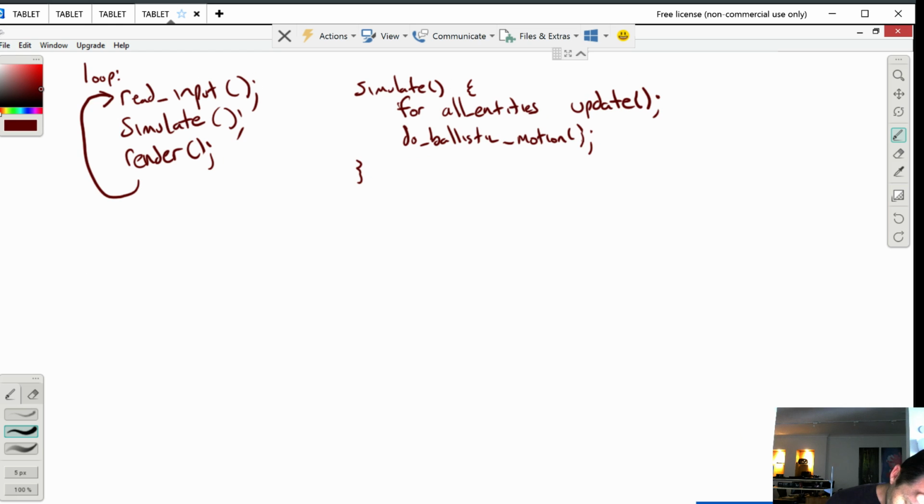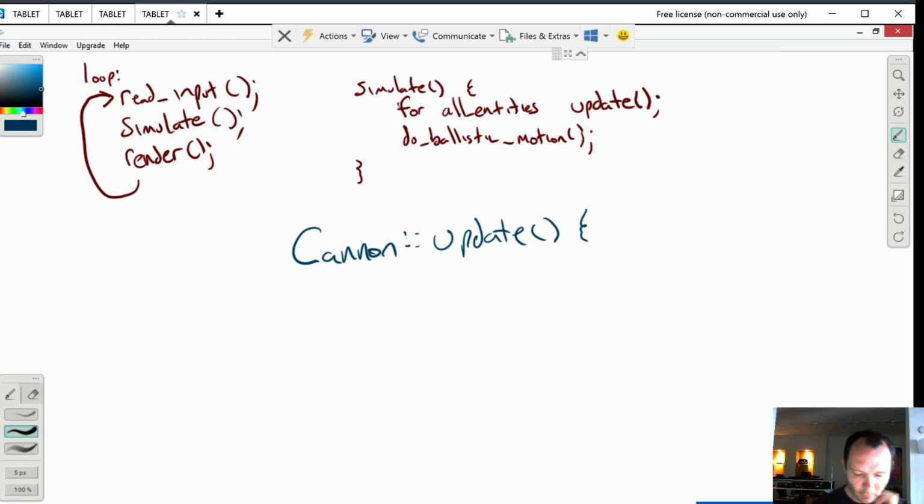All right. So for example, let's say we have a cannon. Let me just draw in a different color because we can. Okay, what does cannon update look like? This is a sort of C++-ish pseudocode, right? Well, let's say we have some countdown timer called countdown that controls every time we shoot.